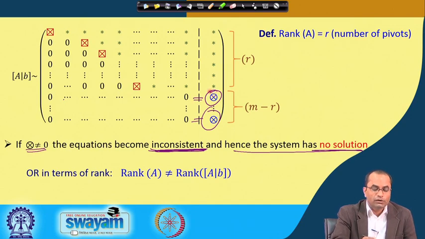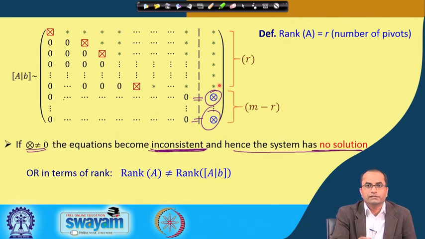But if these are non-zero elements, then there will also be a pivot here. We can just reduce it further to make all these 0, and there will be a non-zero number here, at least in one of the equations. The system is inconsistent, that is clear. Whenever one of them is a non-zero number corresponding to these 0 rows, the system is inconsistent.